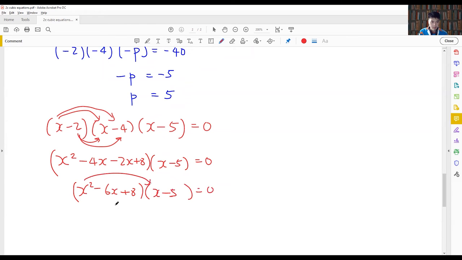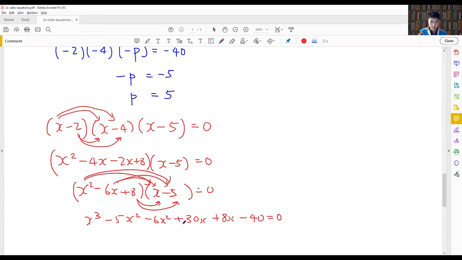Expand: x cubed, minus 5x squared, minus 6x squared plus 30x, plus 8x minus 40 equals 0.